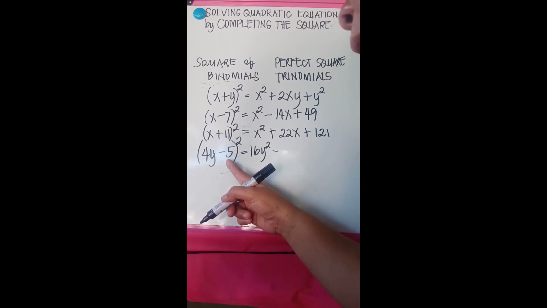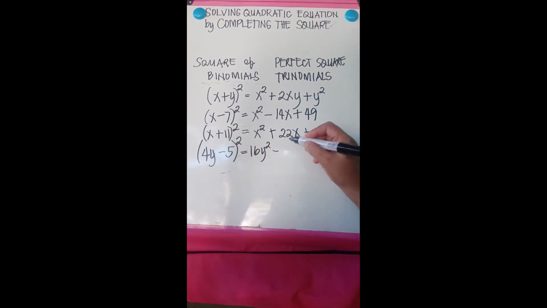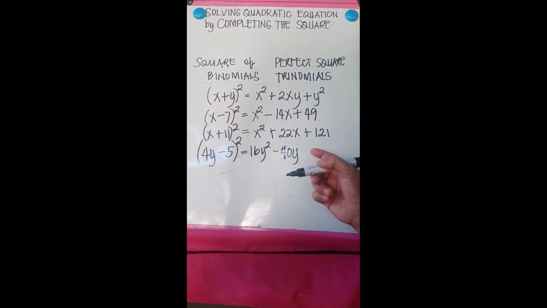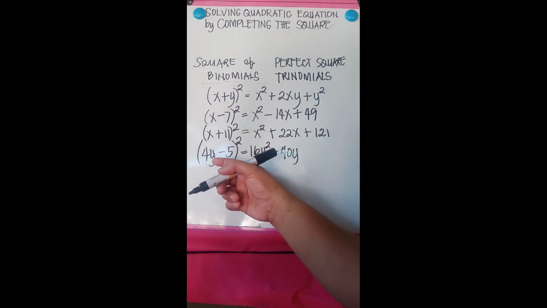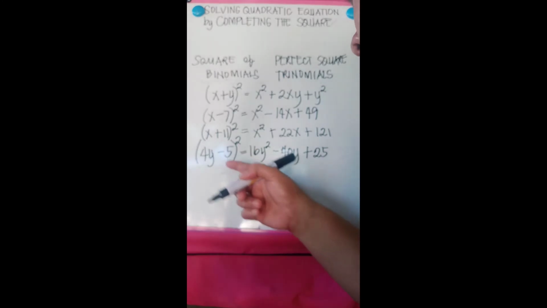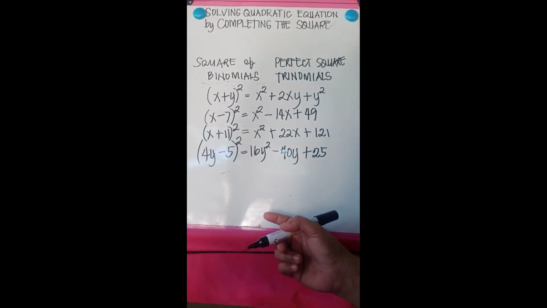And then, multiply it by 2. So, it's negative 40y. Then, for the last term, negative 5 times negative 5 is positive 25. Okay. So, these are now the product of this square of binomials.